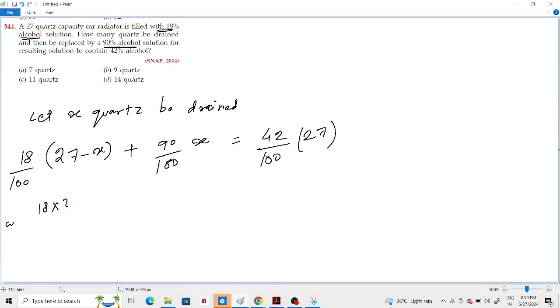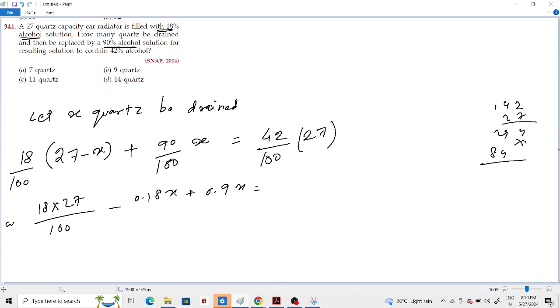So rather, if I multiply, because I see that the denominator is 100, it will be easy for me to calculate. And this calculation I have to do.